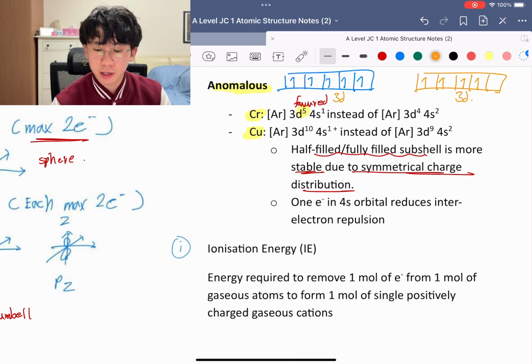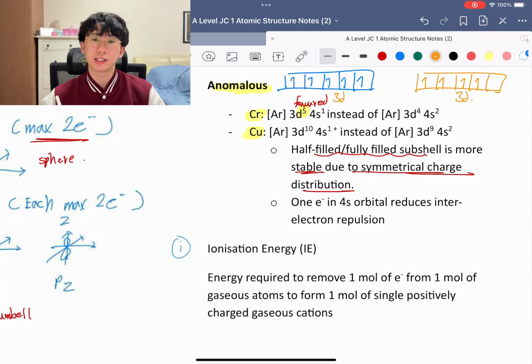So this right one follows the energy levels, because I want to fill my 4s first, then the 3d orbital. But it was found that it's energetically favorable to go with the left than the right. So we will go for the left over the right.